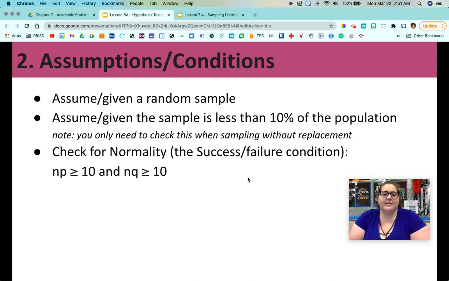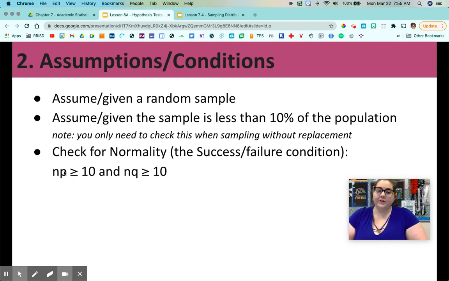And that's where we check, does n times p and n times q come out to greater than or equal to 10? One little note I will make here, we should be using p from our null hypothesis to check this condition. Because the whole point of a hypothesis test is that we are assuming the null is true throughout this entire process. And then the probability we get is going to kind of help us determine, do we have evidence that the null is actually true or not?